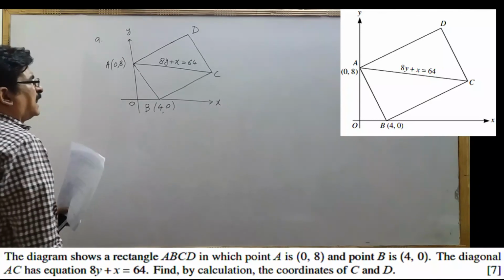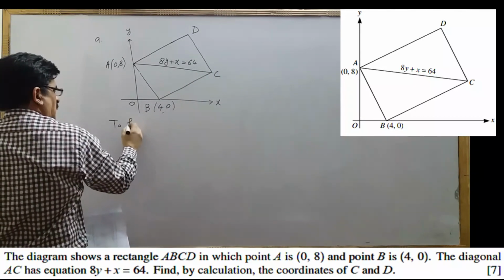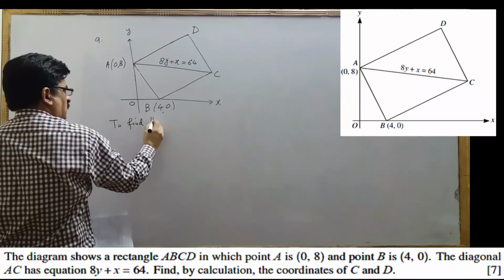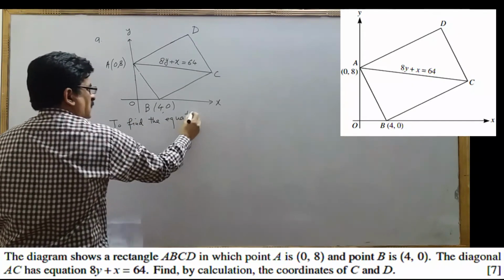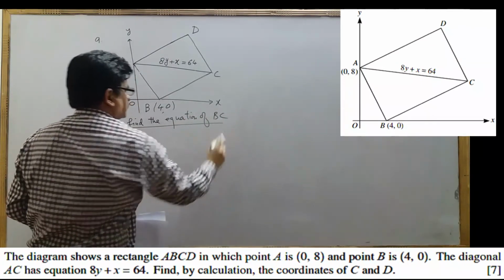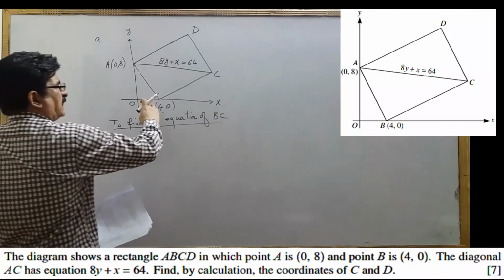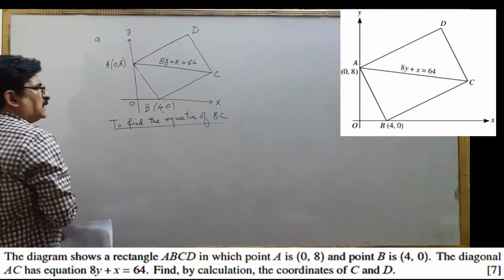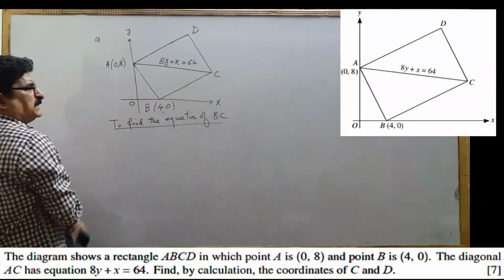First of all, I will find the equation of BC. After the thinking process, I found that I will need the equation of BC. But I don't know the gradient of BC.